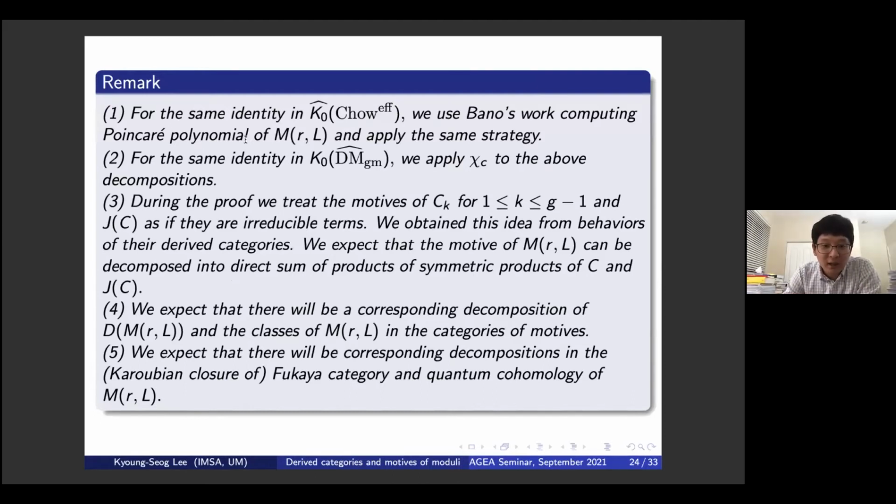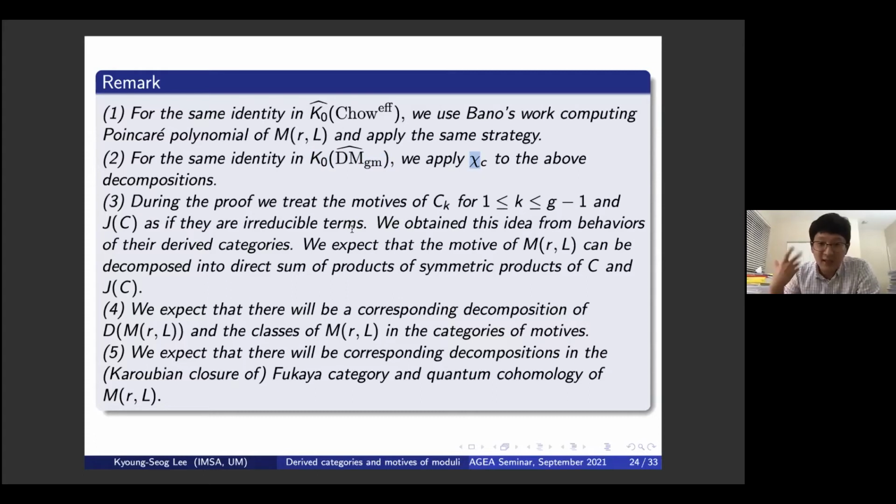For Voevodsky's motives, there is a map from the Grothendieck ring of varieties to Voevodsky's motives, so we just apply this decomposition and map it to this ring by this map. The key idea of this proof is that we treat the motive of the K-symmetric product, for K from 1 to G-1, as irreducible, and the Jacobian as an irreducible term.